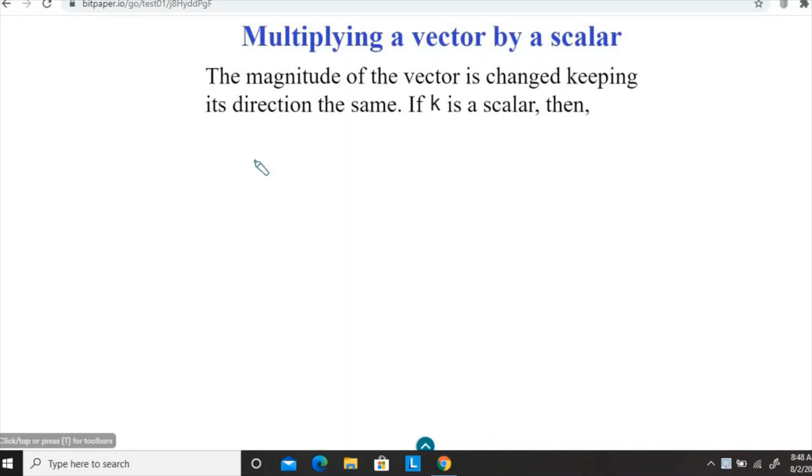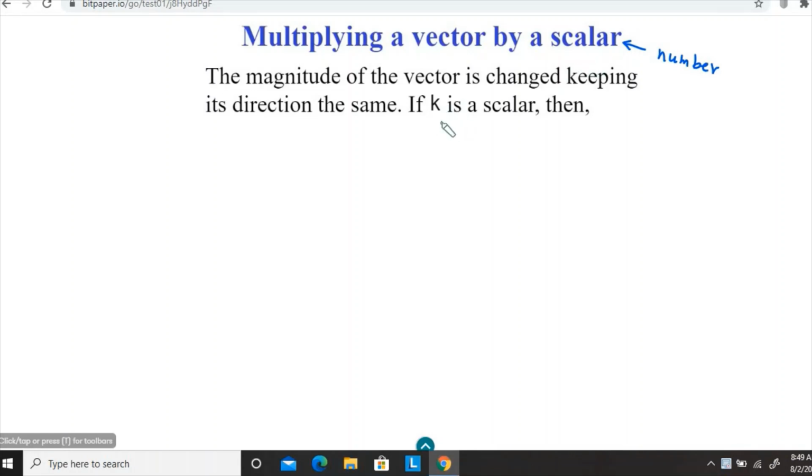Now let's look at what happens when we multiply a vector by a scalar. A scalar is simply a number. It can be either positive or negative, but it's simply a number. You just have a magnitude. There's no direction defined for a scalar.